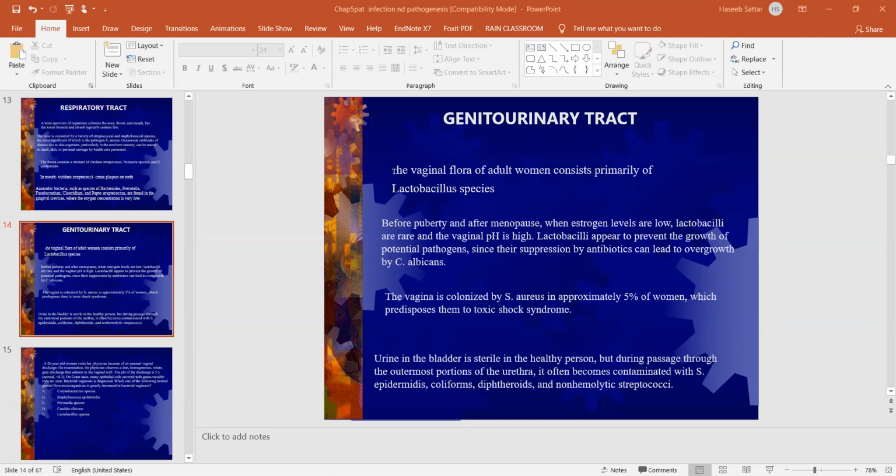For example, if a patient comes to me with a urinary tract infection, I will ask the patient to do a urine test. For a urine test, you require a urine sample.